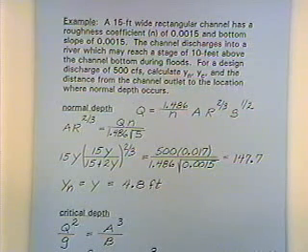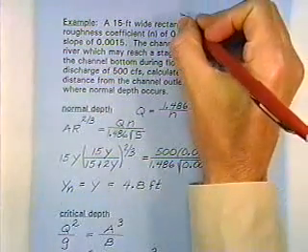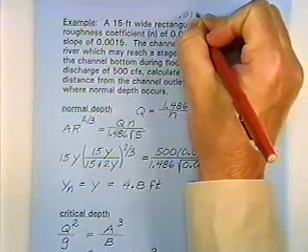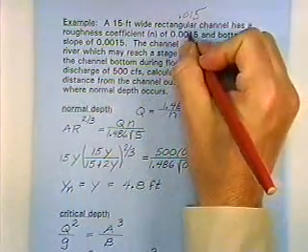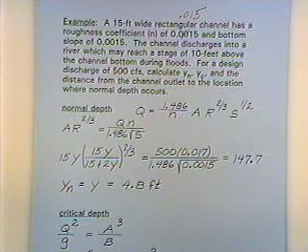So that must mean that the channel bottom slope should be 0.015. I've got an extra 0 in there. Can you fix that in your notes? We've got to change the Manning's roughness coefficient to 0.015.